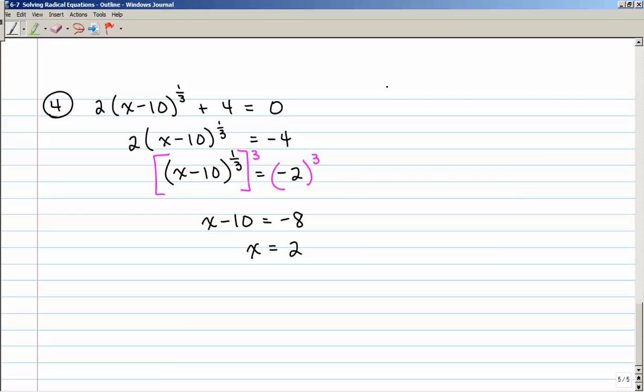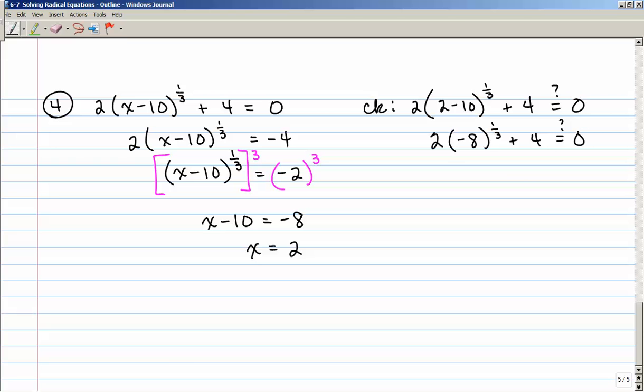And let's go ahead and plug that back in for our check. So 2 times 2 minus 10 to the 1/3 power plus 4, is that equal to 0? Is 2 times -8 to the 1/3 power plus 4 equal to 0? Okay, so don't do 2 times -8 first. That would be multiplication.